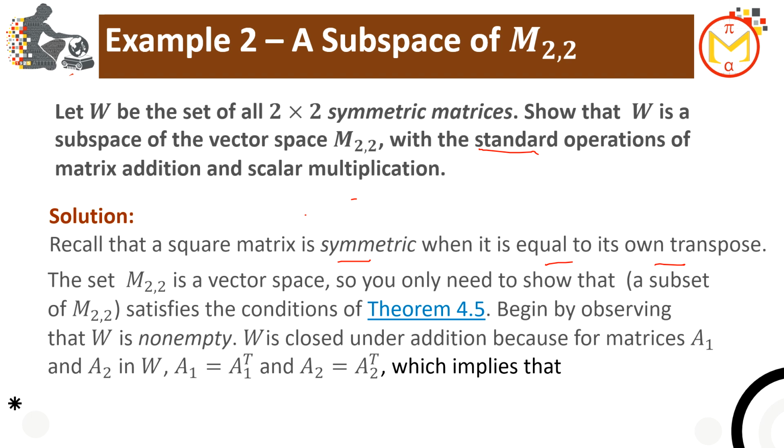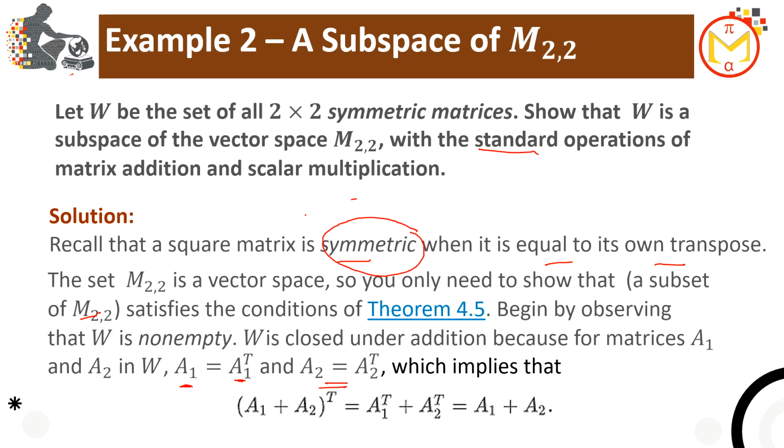Now, W is closed under addition because for matrices A sub 1 and A sub 2 in W, A sub 1 is equal to the transpose of A sub 1, and the same way for A sub 2. Which implies that when we do the addition, we're still talking about symmetric.